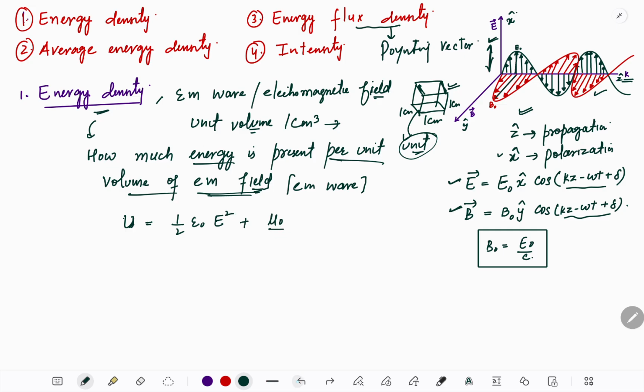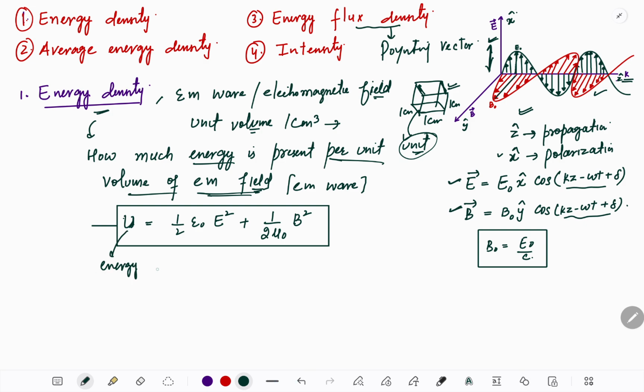I'm sorry, 1 by 2 mu 0 B square. So this U is the energy density. You can easily see there are two terms.